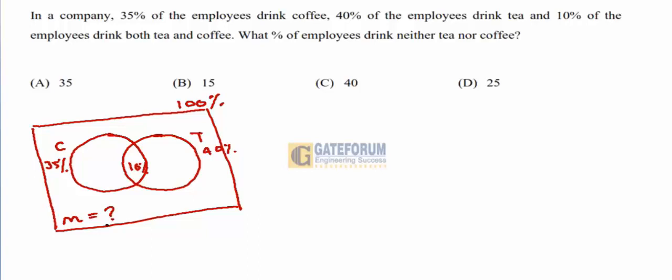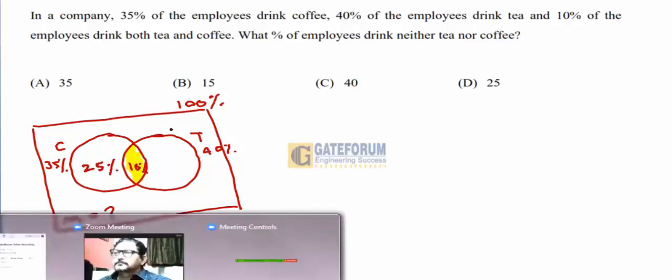Now how do we do it? Very simple. See, this portion is the portion of people who drink both tea and coffee. So if I asked what is the percentage which drinks only coffee? The answer would be 35 minus 10, that is 25%.